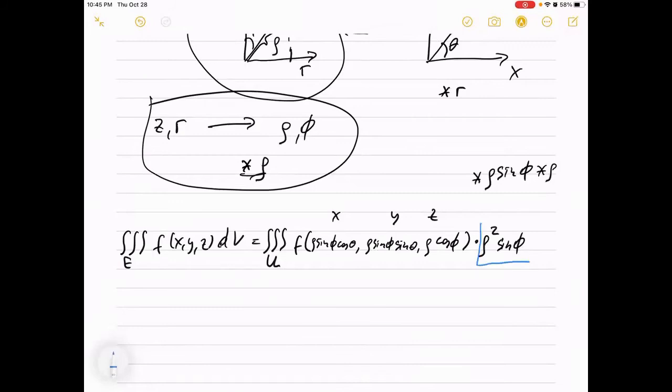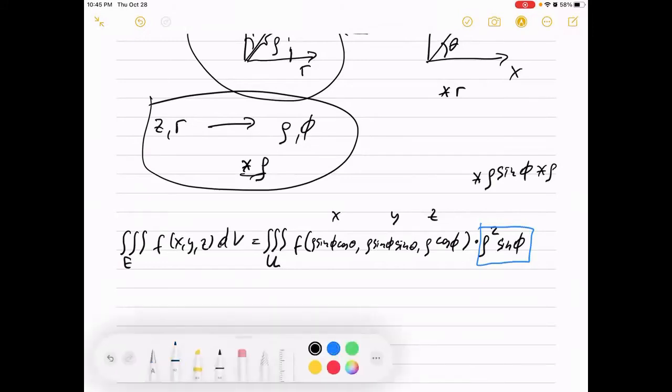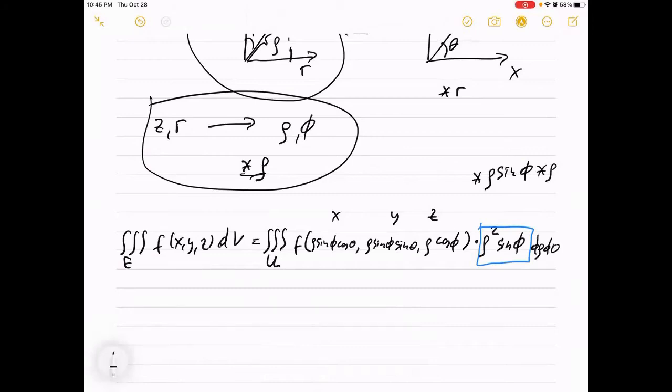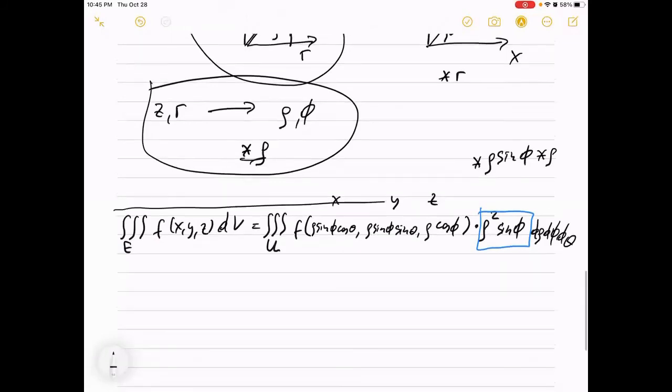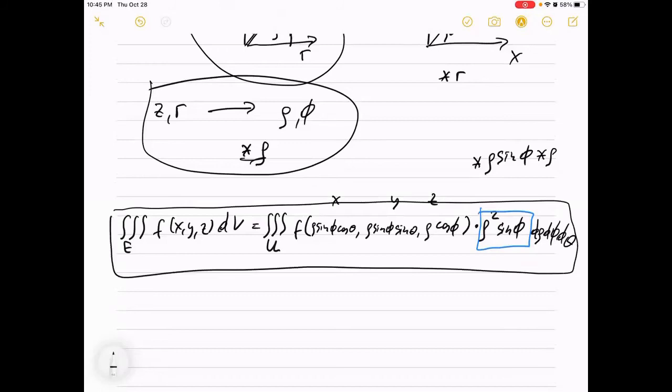That is the extra multiple you need to multiply by, and our variables are going to be d rho d phi d theta. So that is how we're going to switch from rectangular, or Cartesian, coordinates to spherical in triple integrals. To switch, we have to pay that extra price, rho squared sine phi.